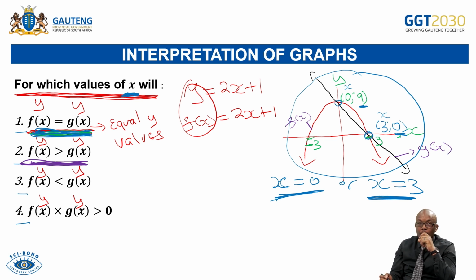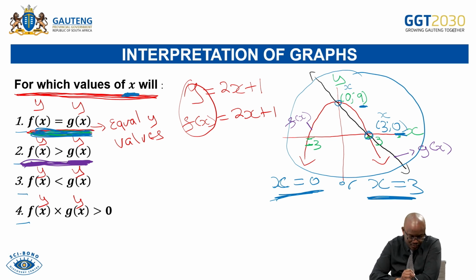So where f of x, the red graph, is greater than g of x, the black one, straight line. So greater means the y values of the graph of f are on top of the y values of the graph of g.